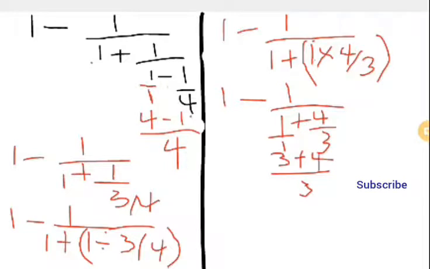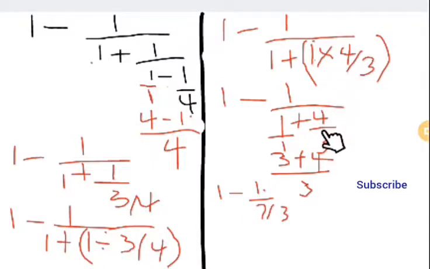Now, we have 1 minus 1 divided by 7 over 3. Okay? So the reciprocal of this, whenever you have 1 over anything, means you are finding the reciprocal. Here, when we have 1 divided by 3 over 4, it turns to 4 over 3, which is this.